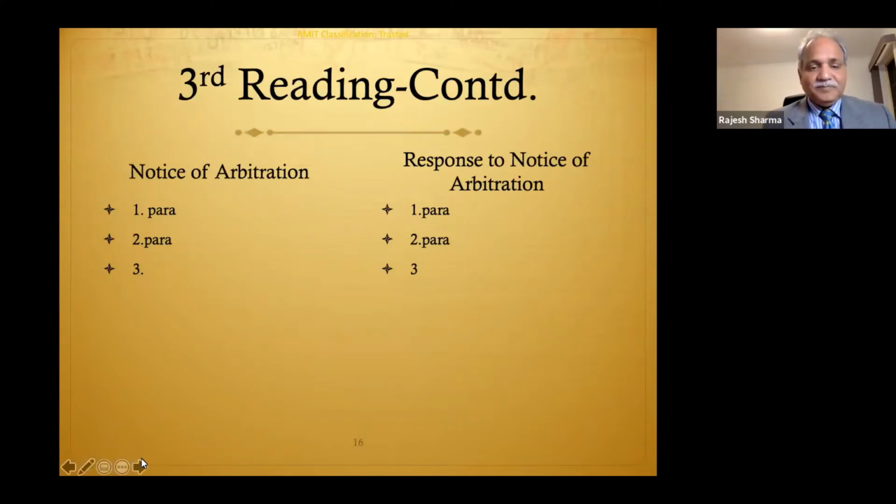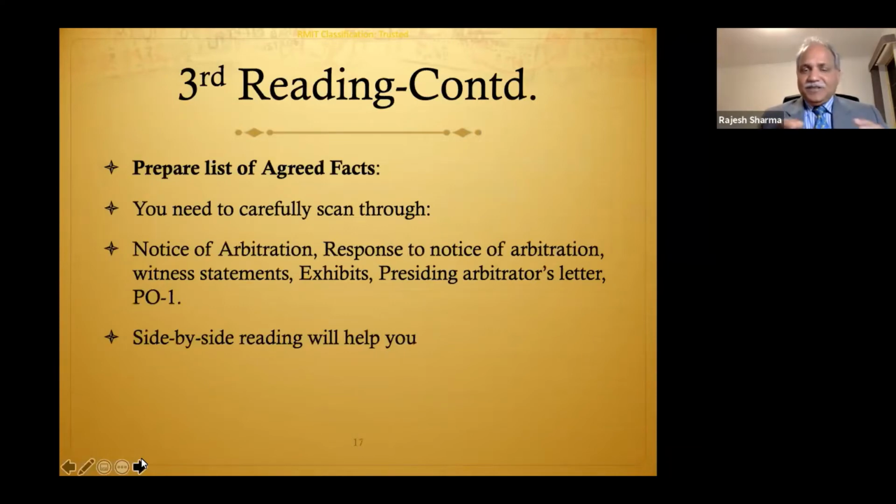Okay. Now, after reading and carefully looking at all those things, you should also prepare a list of agreed facts. In the moot problem, parties may disagree with each other on the facts, but there are certain facts on which they agree.